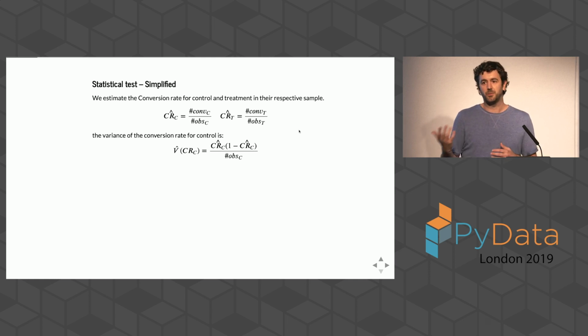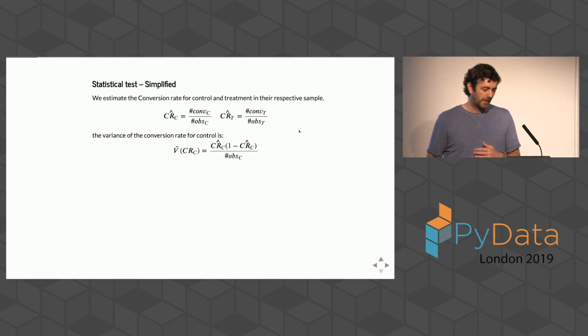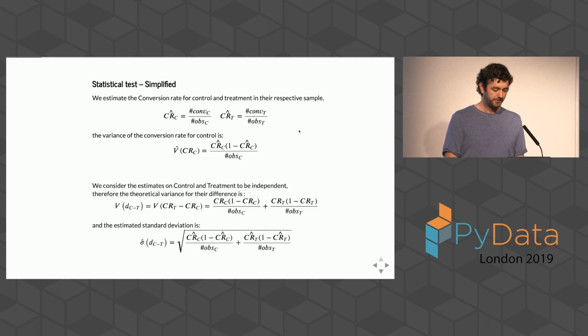For example, this can be the number of users that went to your site and the number of people who clicked on the button. From here, you calculate the variance and the standard deviation. This is just a few equations, but it's simple, okay?